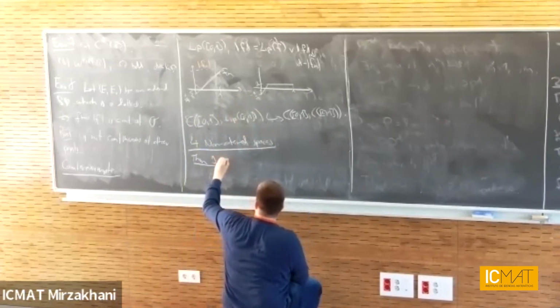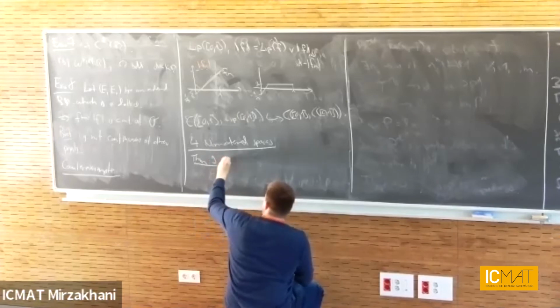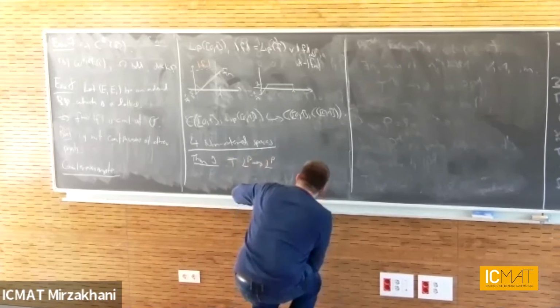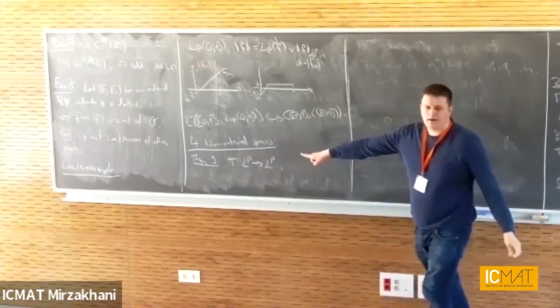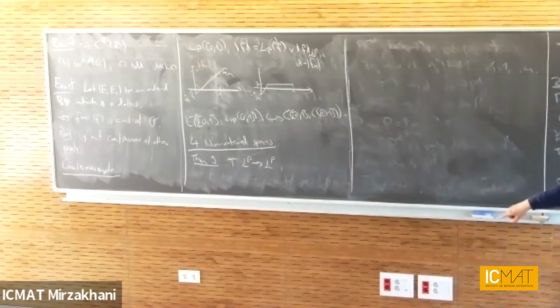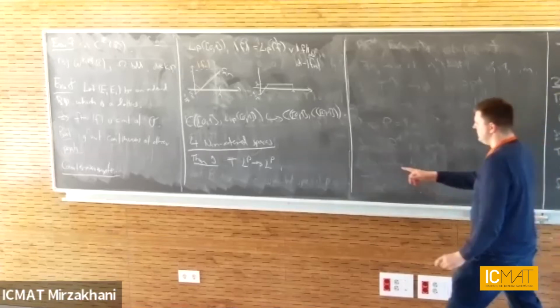Theorem 9 is, and let's work on Lp. Here I mean a real valued Lp space, that's important. It doesn't work on complex spaces. And by the spectrum, I again mean the spectrum of the extension of the operator to the complex valued Lp space. But this is real valued.